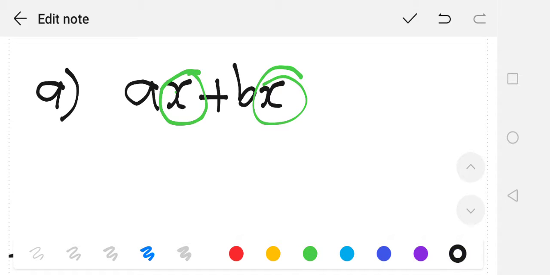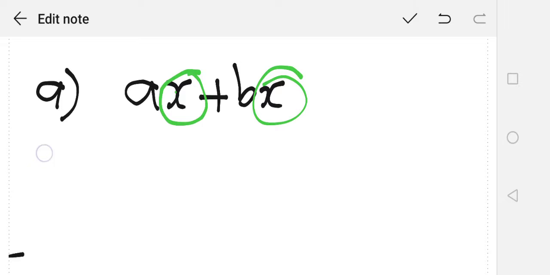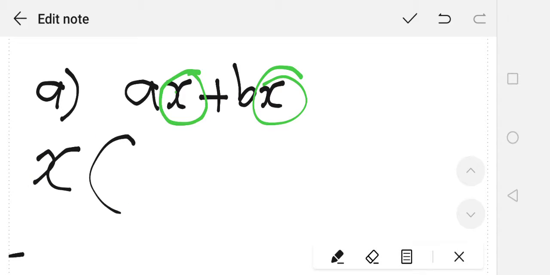And now that we have identified our common factor, we will write it down and open up a bracket. Inside this bracket, we will write everything that is left when we take the common factor out of the two terms of this expression. So as we take x out of the first term, we are left with a.